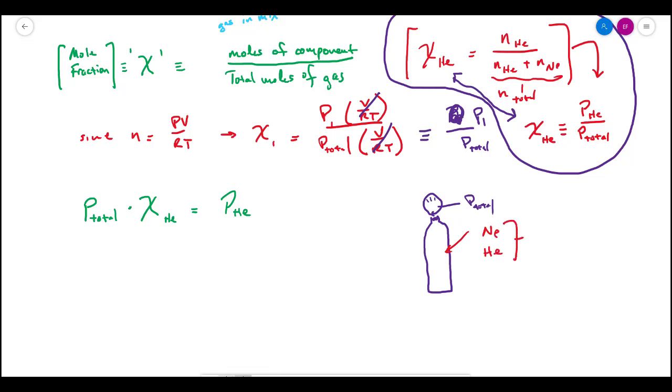If you know the mole fraction, the ratio of those two to each other, which would be, in this case, chi helium, then you can very simply compute the actual partial pressure of helium, meaning the pressure being exerted inside this tank just from the helium itself. So it's a really simple way to relate that.